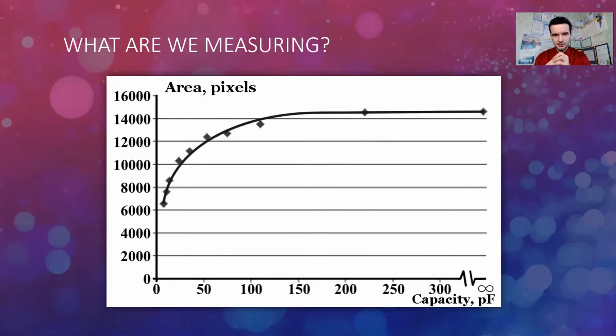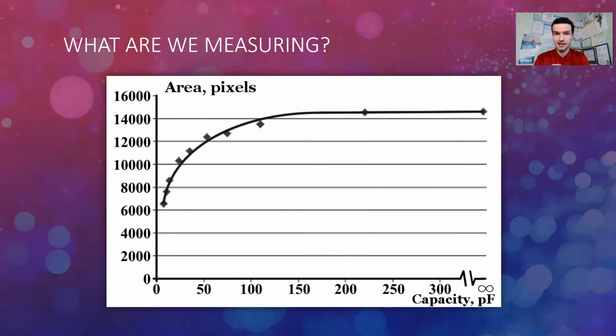Here you can see the graph showing that the number of pixels that you get on the image from the gas discharge depends on the electrical capacitance of the object. It means that we're applying, each time, you can see these squares on the graph, the same voltage in the GDV device.